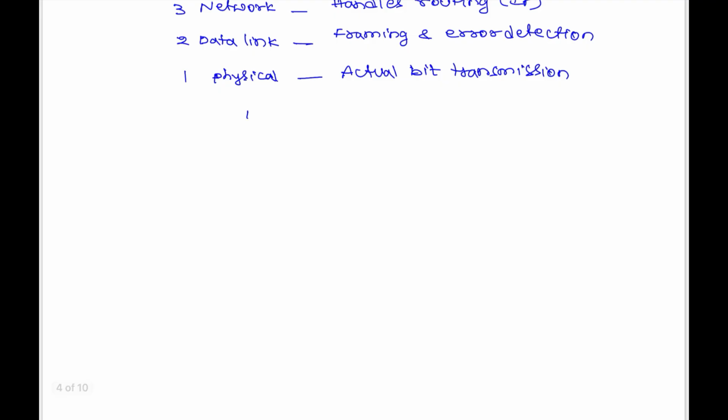The TCP/IP model is a real world internet model.